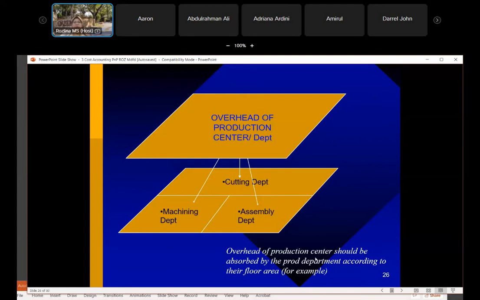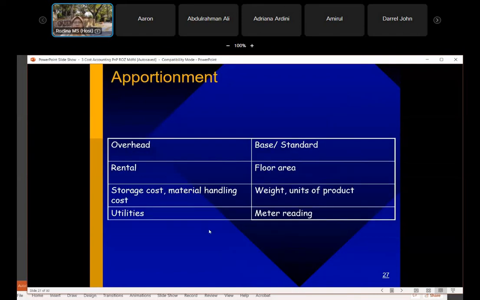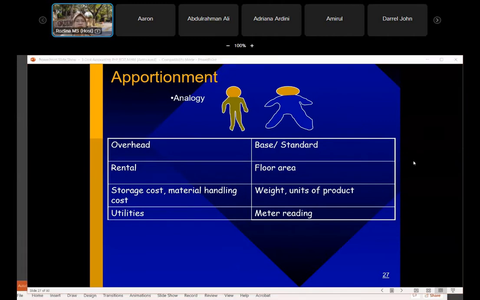Overhead of the service center should be absorbed by the production departments according to their floor area. This is just an example, floor area. It is like an analogy.